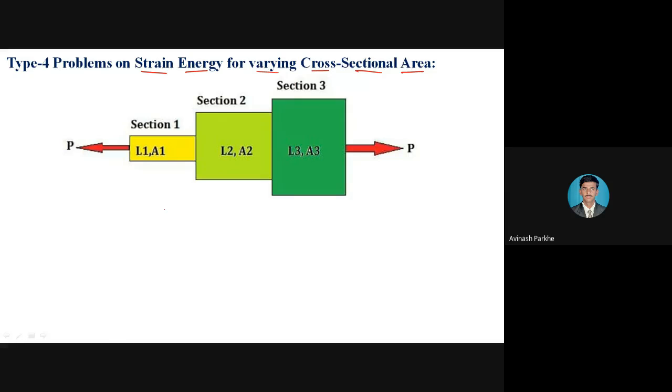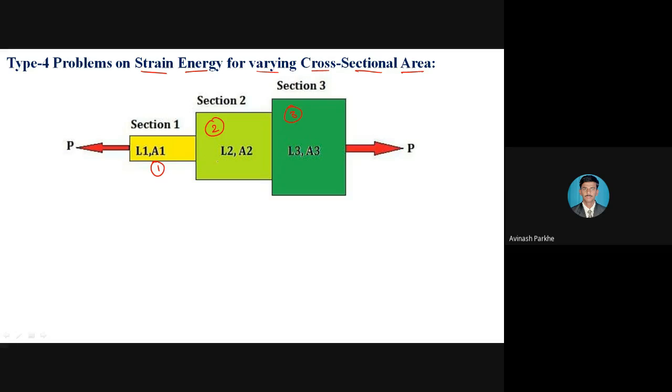But now in this type number 4, we have to calculate the strain energy stored in each and every section, because the construction consists of a total of 3 sections: section number 1, section number 2, and section number 3. All 3 sections are rigidly connected to each other, and all have different cross-sectional areas, because the diameter of section 1, section 2 and section 3 is different. Therefore all 3 sections have different cross-sectional areas.